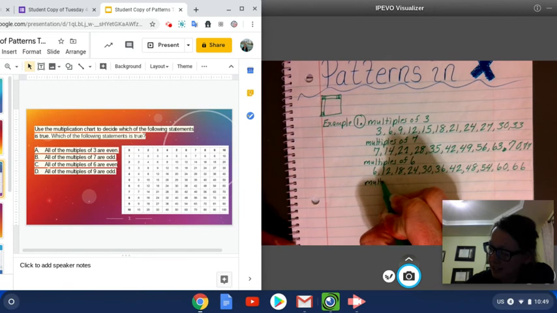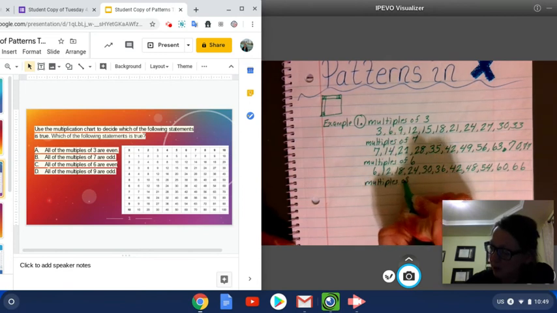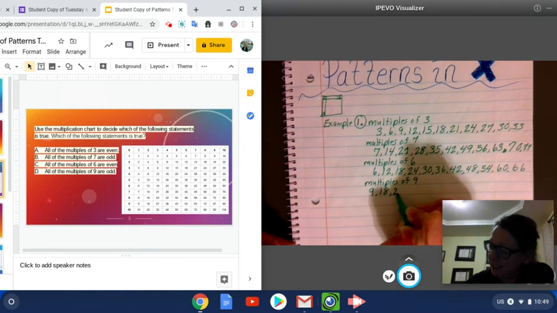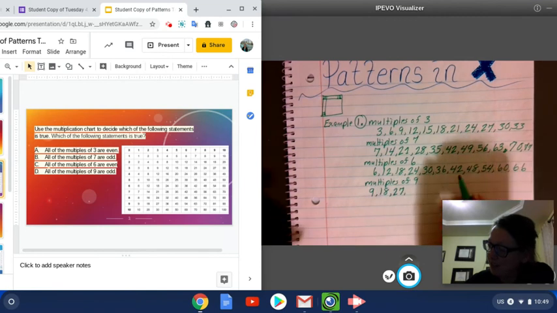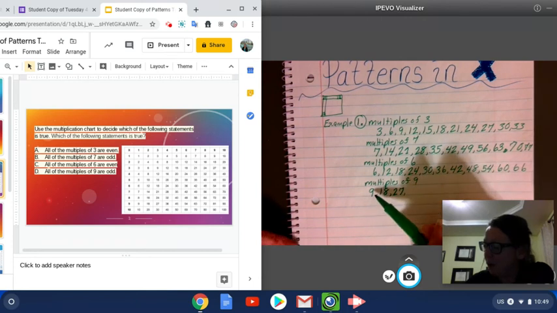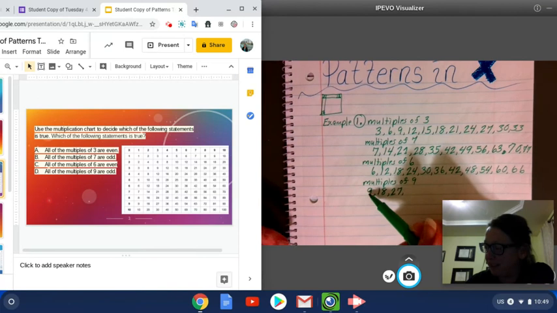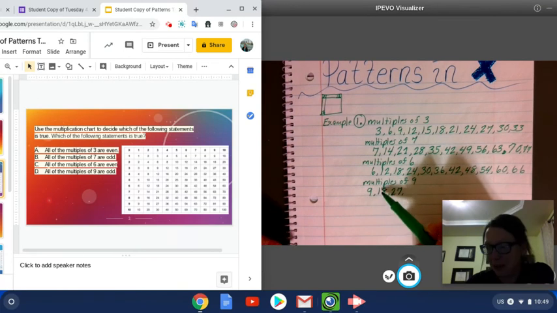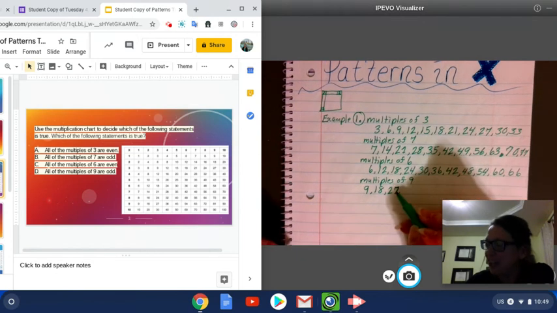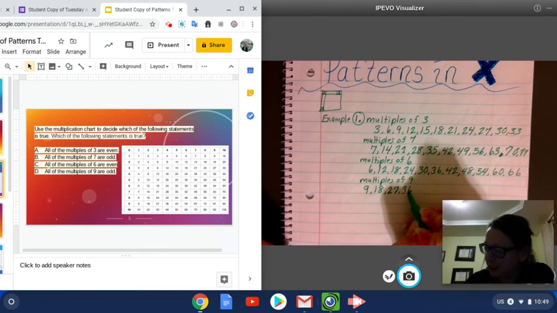So let's look at the multiples of 9. 9, 18, 27. Remember, if we're doing multiples of 9, we can add 10 and subtract 1. 9 plus 10 is 19, minus 1 is 18. 18 plus 10 is 28, minus 1 is 27. 27 plus 10 is 37, minus 1 is 36, and keep going.